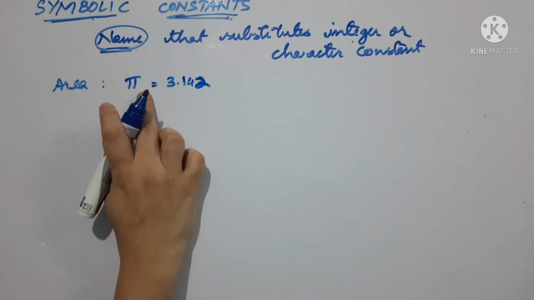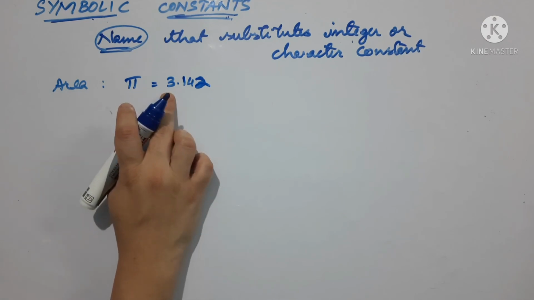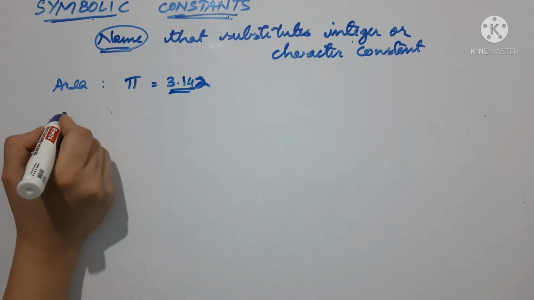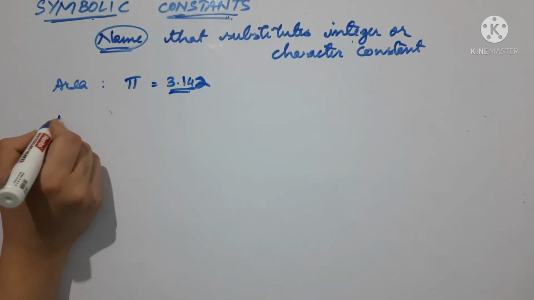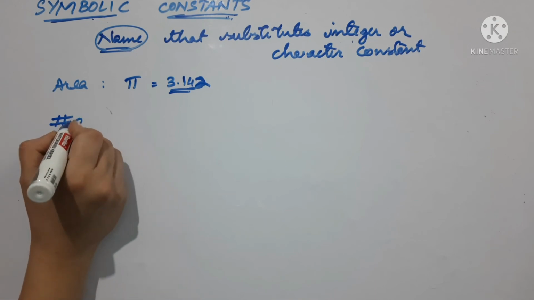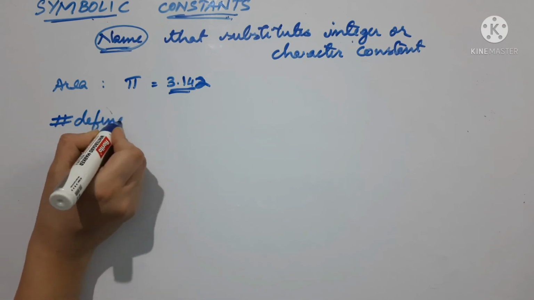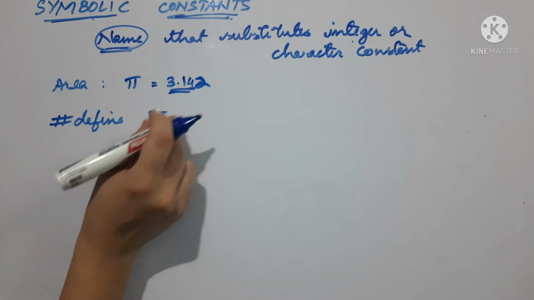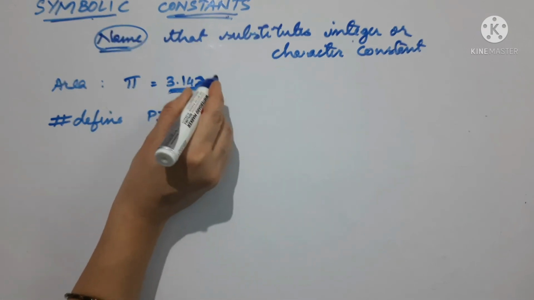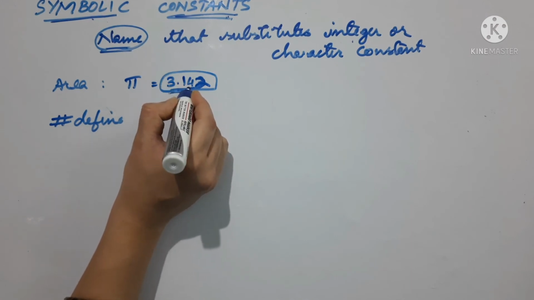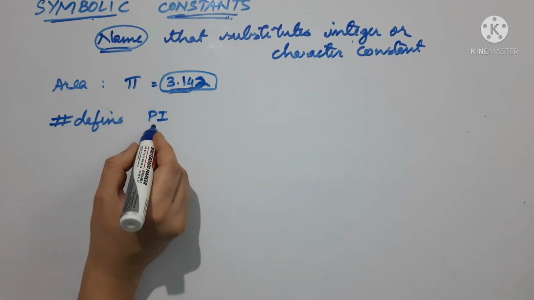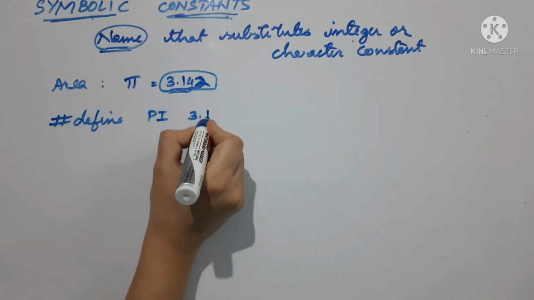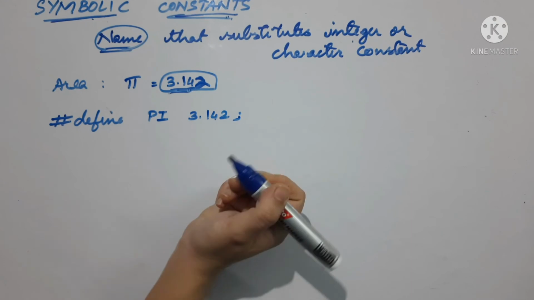So instead of every time using the value 3.142, I can just simply define this value in the preprocessor directive statement. Okay, so I define the preprocessor directive hash define, and then I mention pi. I am giving the name for this value. This is an integer constant value. So for this value, I am giving the name pi. I will mention 3.142.